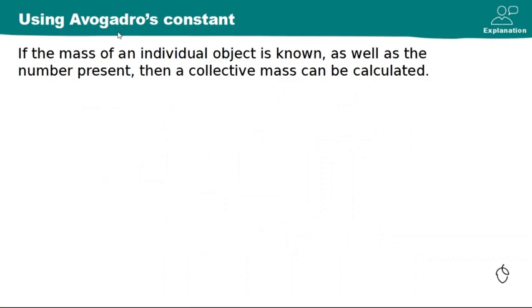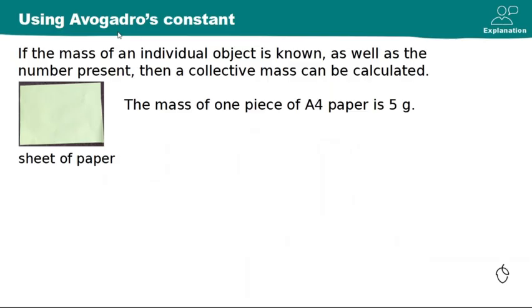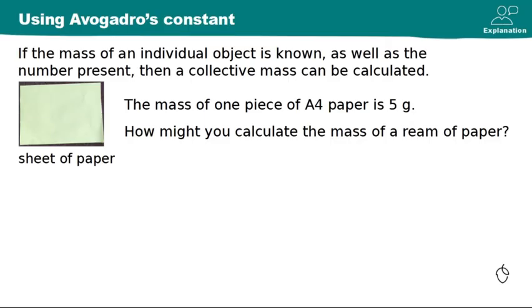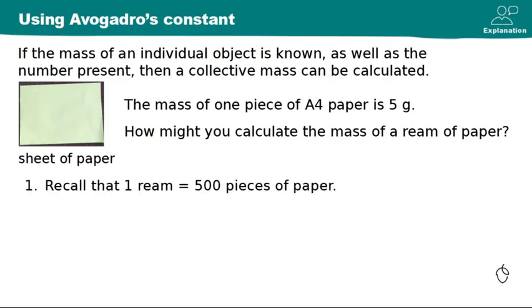So if the mass of an individual object is known as well as the number present, then a collective mass can be calculated. So the mass of one piece of paper, for example, is 5 grams. How might you calculate the mass of a ream of paper?